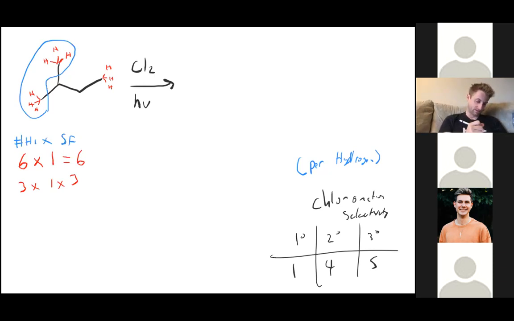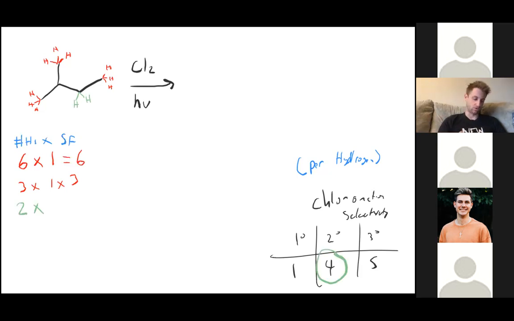Okay, let's take a look at our secondary position. It has 2 hydrogens on it because it's a CH2, which means we have 2 hydrogens times our selectivity factor.